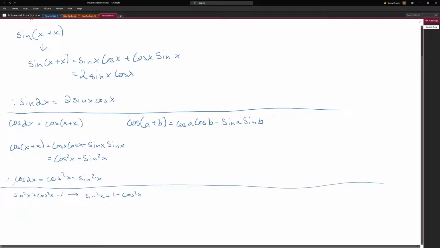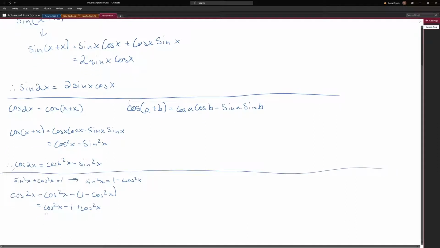So if we were to substitute sine squared of x into here, we would get cos 2x is equal to cos squared x minus (1 minus cos squared of x). This would equal cos squared x minus 1 plus cos squared x.